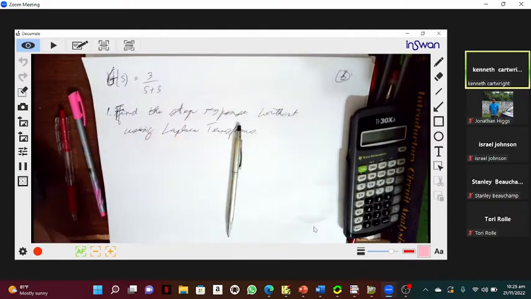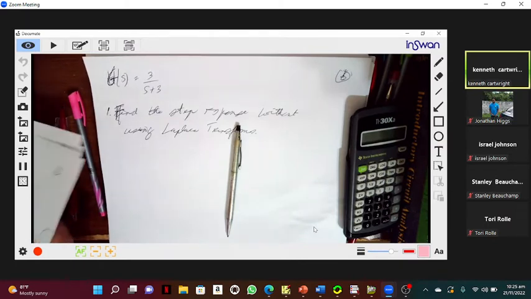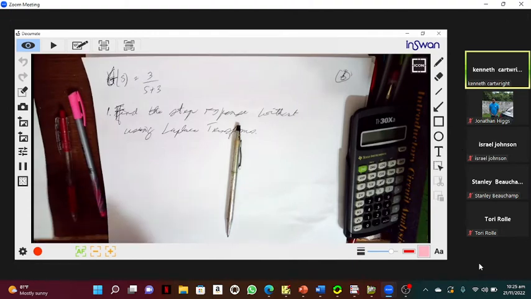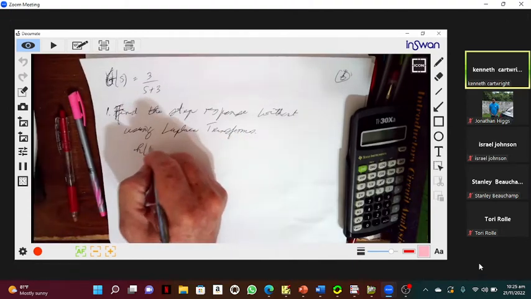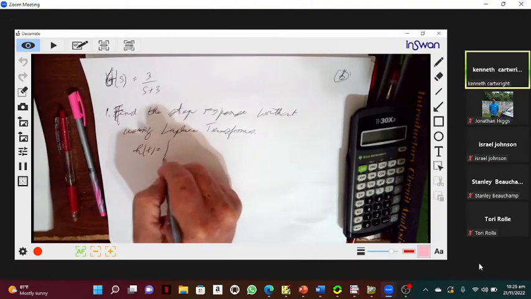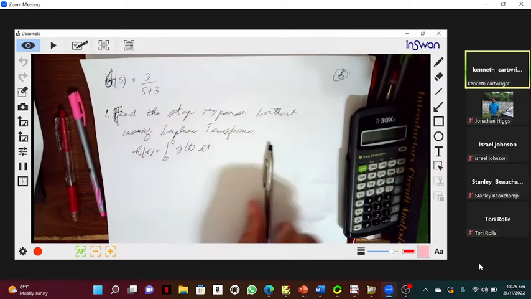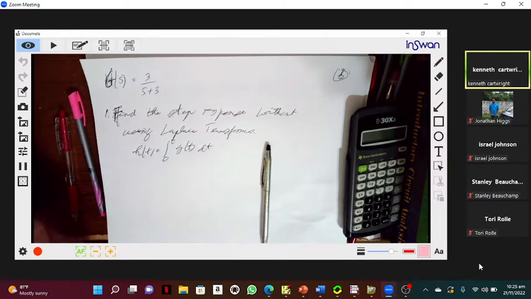This book uses G of s for the transfer function. How do you find the impulse response? Because we want to use the equation I just gave you. We want to use h of t equals the integral from 0 to t of g of t dt. I just gave it to you. I want to apply it.